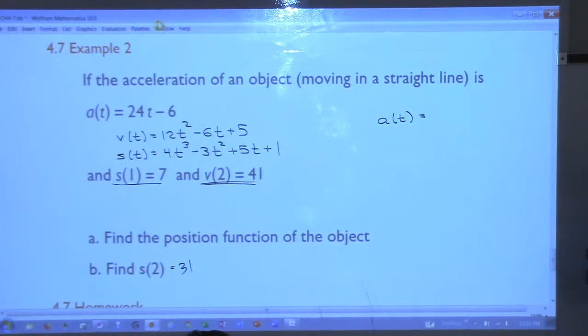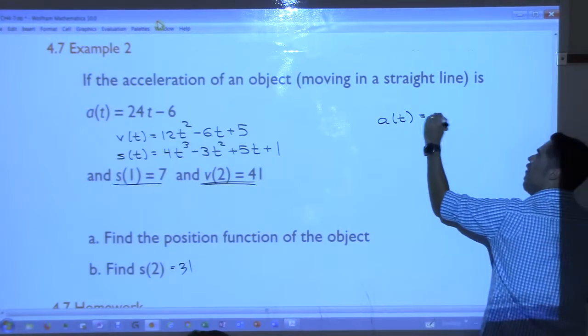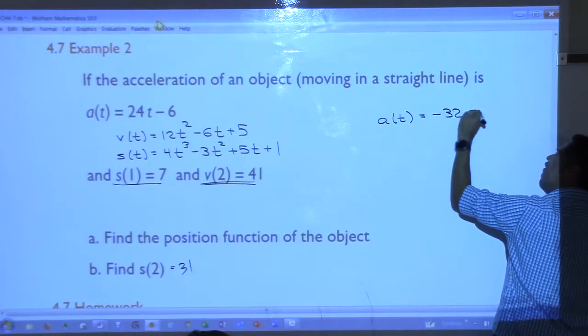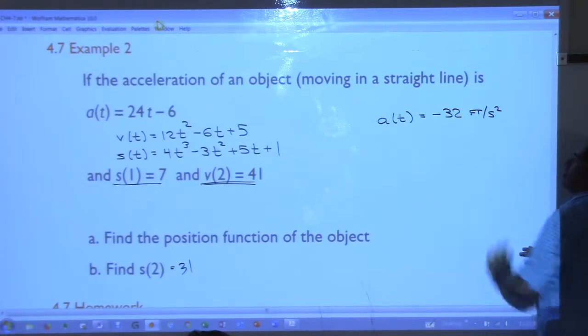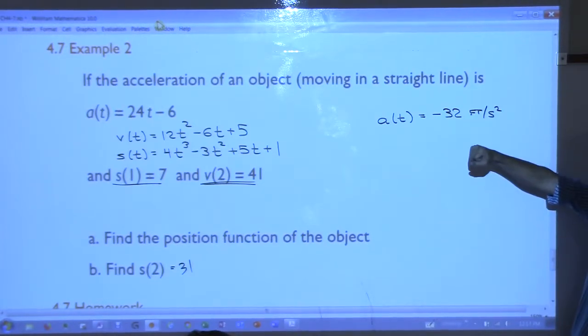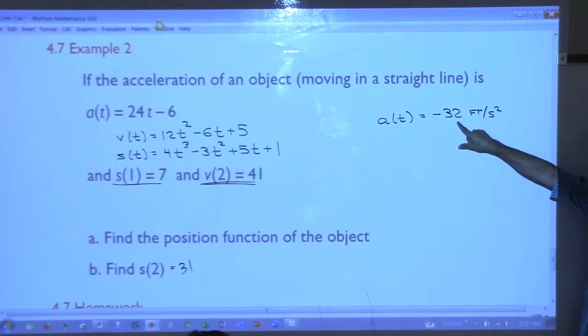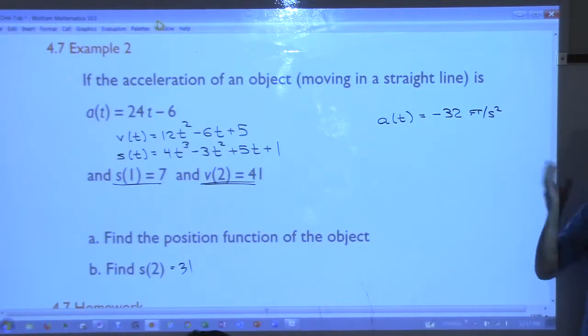So the acceleration of gravity on Earth is negative 32 feet per second squared, all right? So if I drop an object on Earth, that's the acceleration of it, right? That's it. Now we're taking air out, okay? You have to take air out of this. If you throw air in there, it becomes more complicated, right? But for now, let's just go with that, all right?